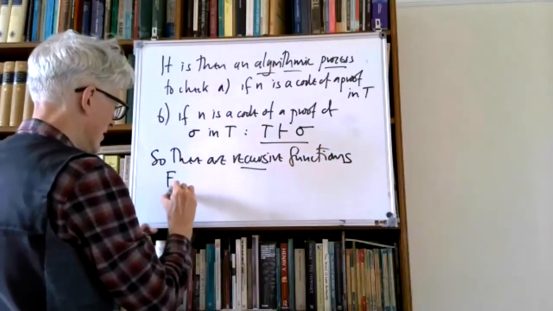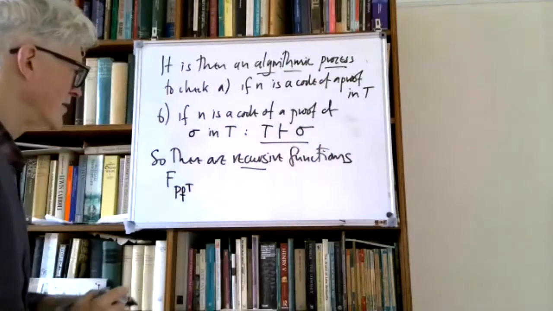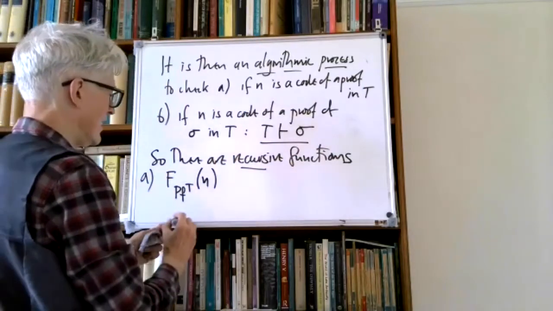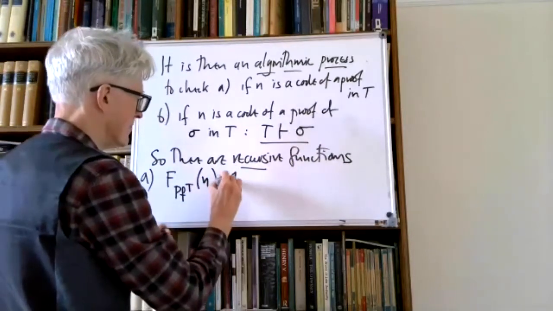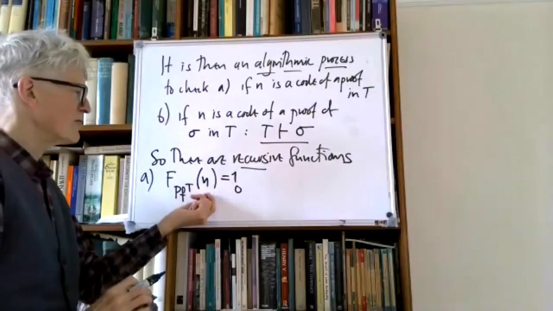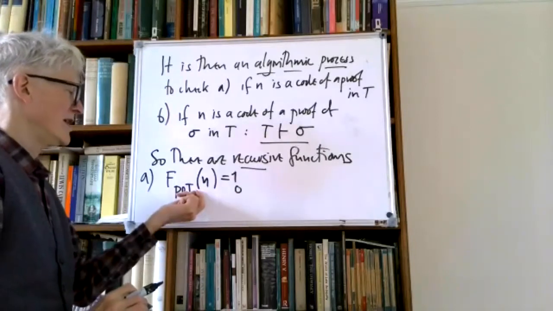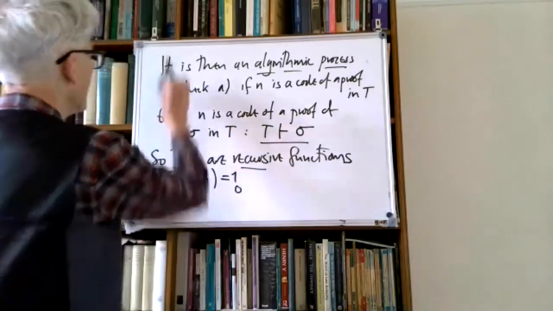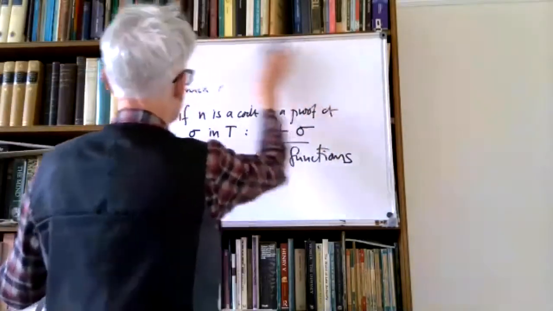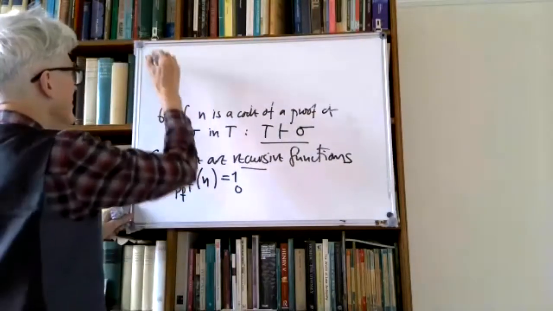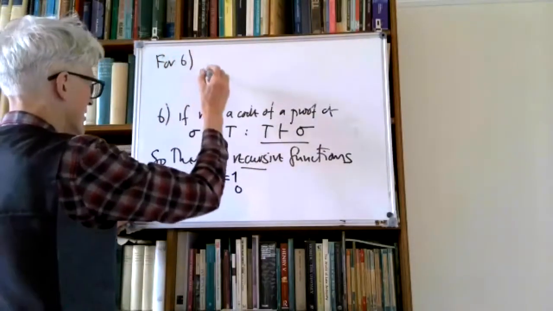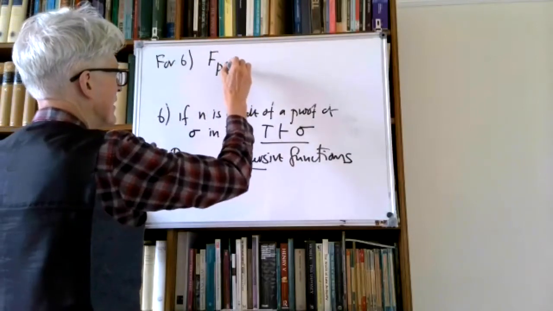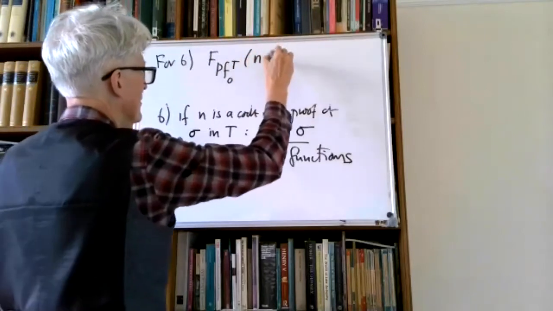So in case A, I can say there is this recursive function which will give me a 1 or 0 if n is a code of a proof, and for B, I put a little 0 down here, T for n.